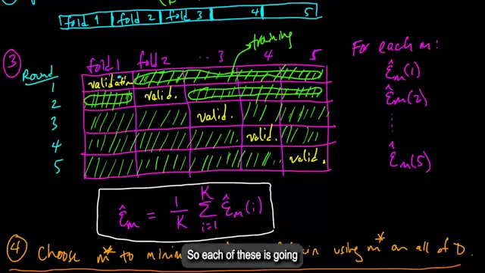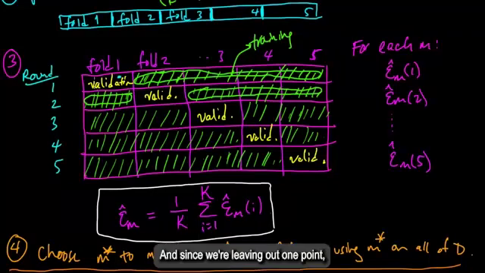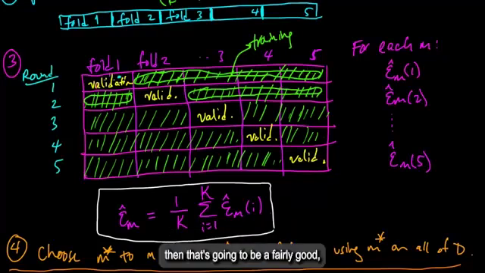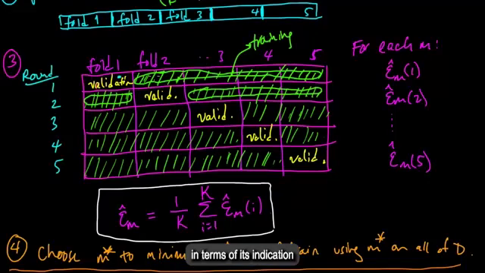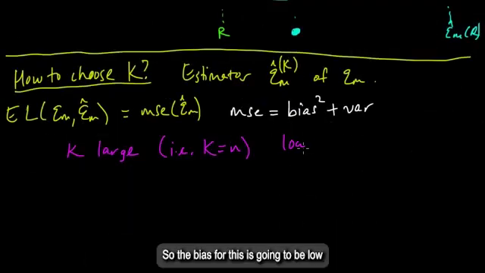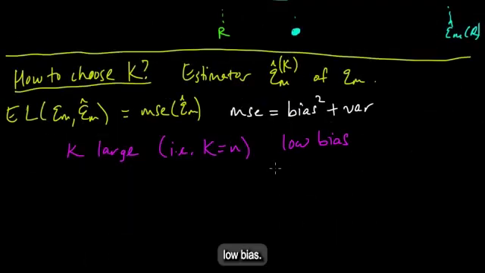So each of these is going to be fairly representative of the resulting thing. And since we're leaving out one point that's independent of all the rest, that's going to be a fairly good indicator of the error for the final thing. So the bias for this is going to be low bias.